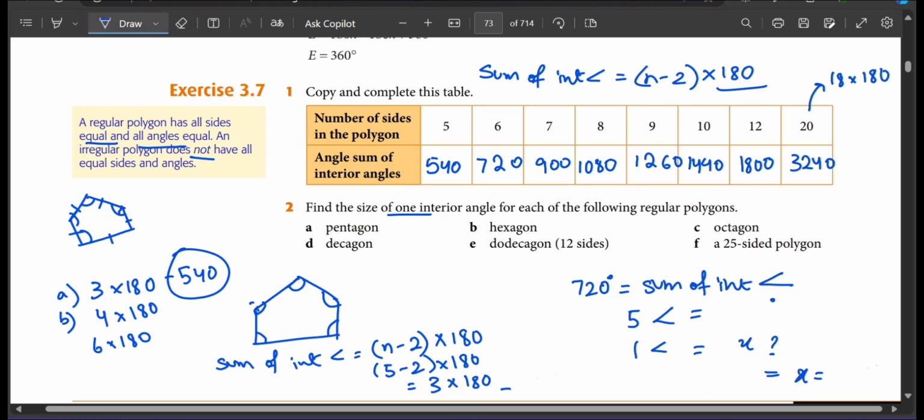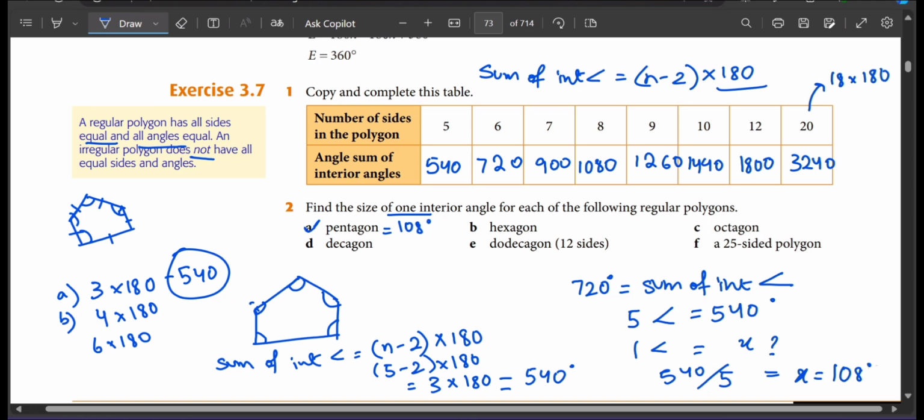Alright, 3 into 180 is 540 degrees. That is why one should revise what they are doing rather than just going with their mind. So 540 divided by 5 is 108 degrees, which is actually the final answer for this question. One interior angle is equal to 108 degrees.